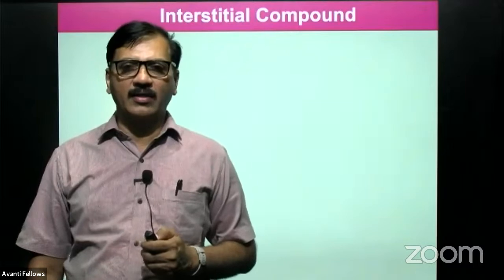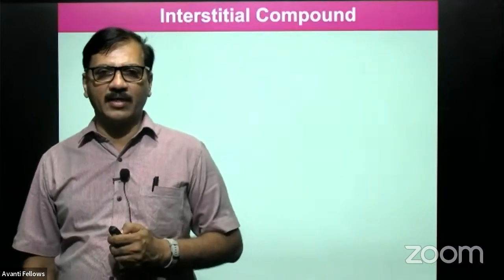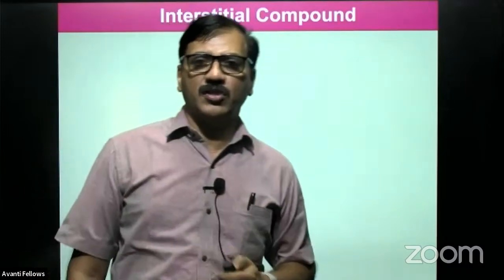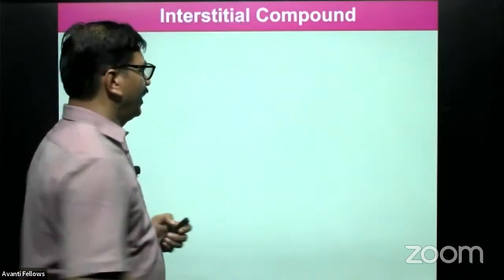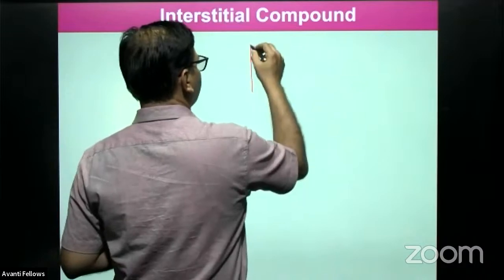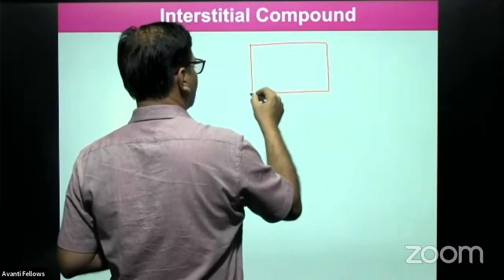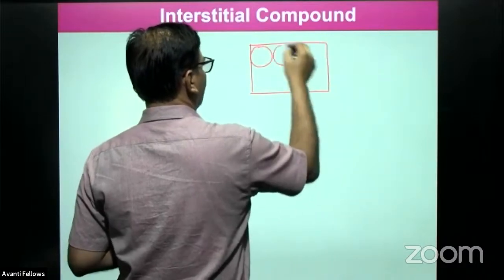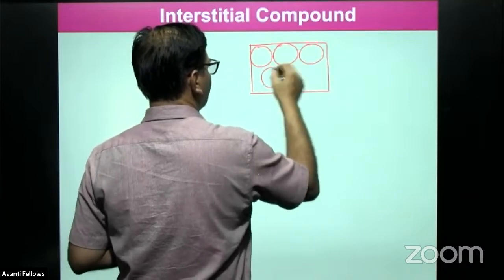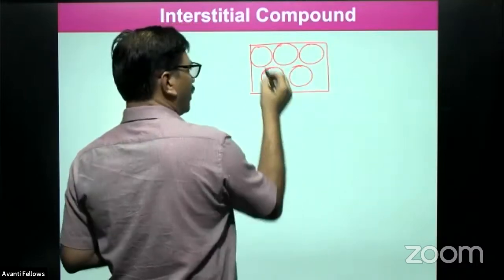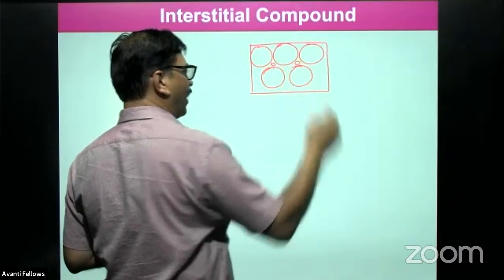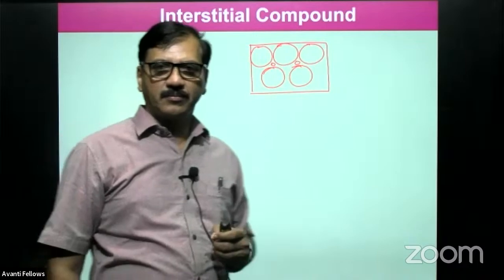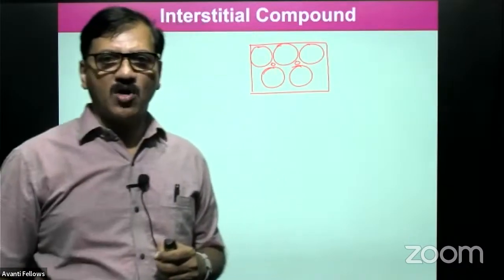Another property that we see in the transition elements is that they form interstitial compounds. What are interstitial compounds? They are formed when the voids present in the lattice of the metal are occupied by some other atom.